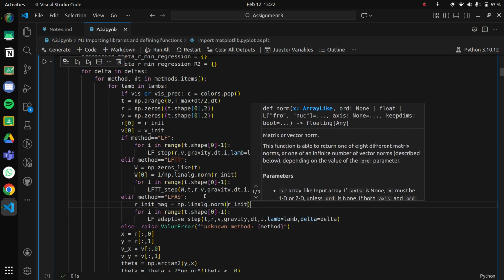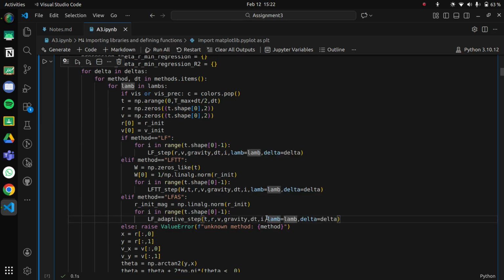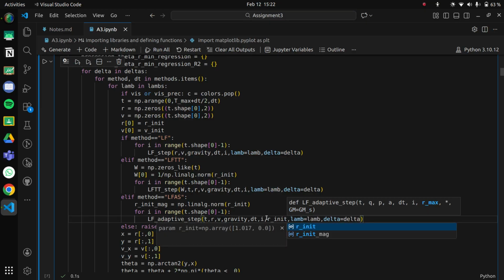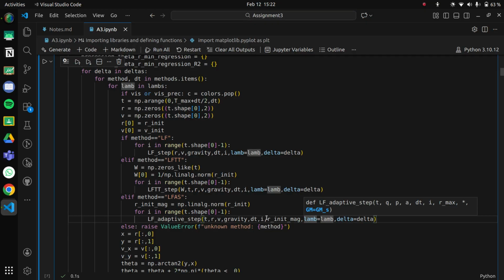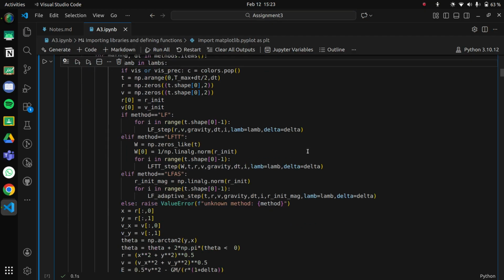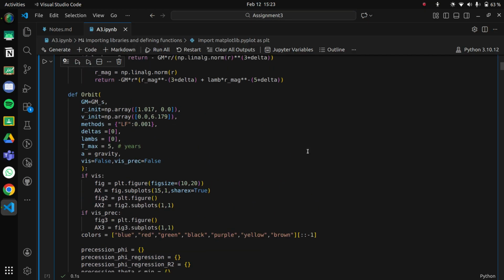And rather than passing all this, I'm just gonna pass r max, which is now going to be r init magnitude, because remember, we are currently at the aphelion, right? Your r is extremely positive.